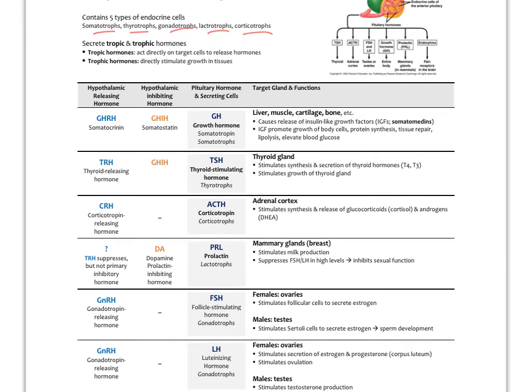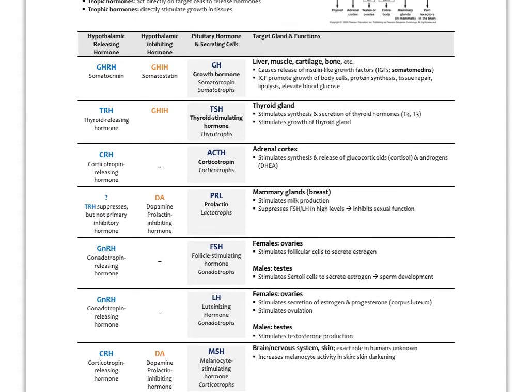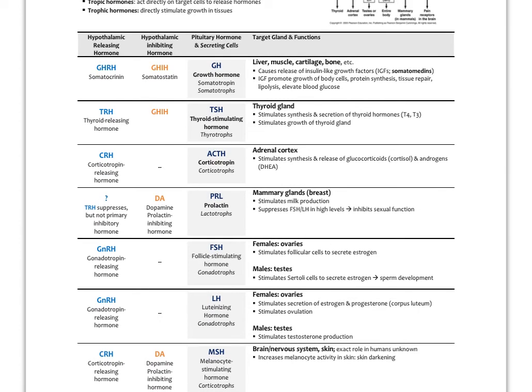So let's look at all of the various pituitary hormones here. The first one, and by far the largest secretion of the anterior pituitary, is growth hormone. The releasing hormone from the hypothalamus is growth hormone releasing hormone, also known as somatocrinin. So GHRH causes somatotrophs in the anterior pituitary to release growth hormone.